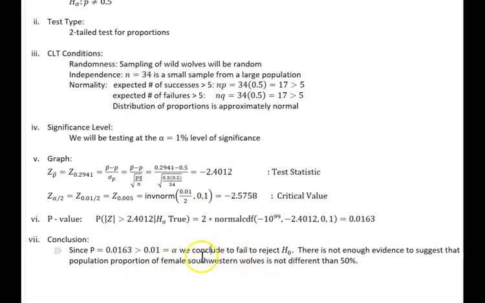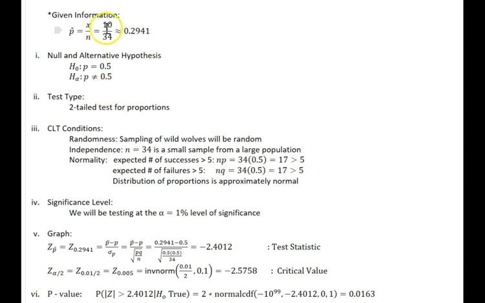What does this mean in context? Okay, so we conclude to fail to reject H0, meaning that I am not going to reject this, but that doesn't mean I'm accepting it. Do not write you're accepting this, right? It just means I don't have enough evidence to say that this is false. Maybe it is false.